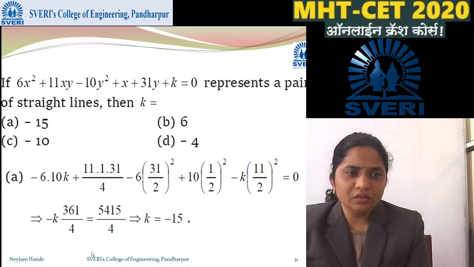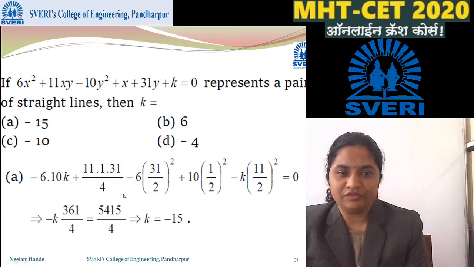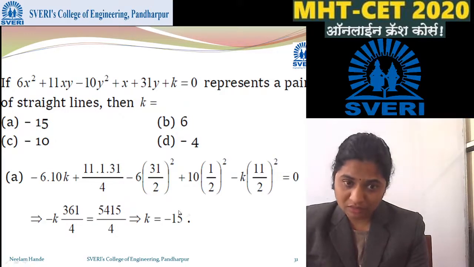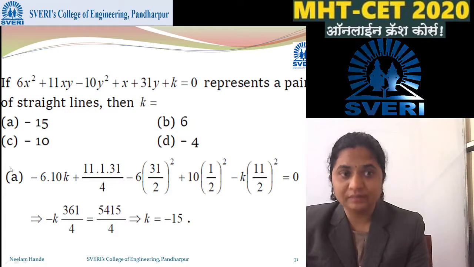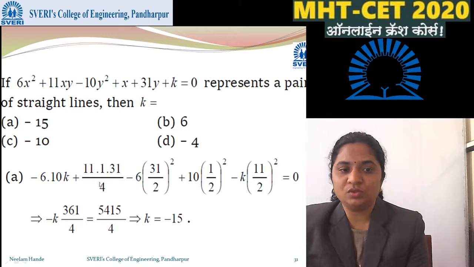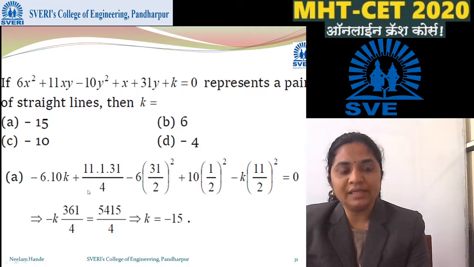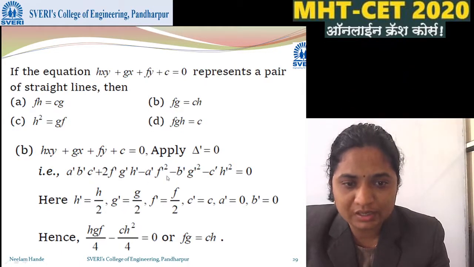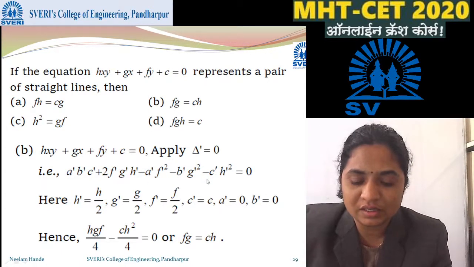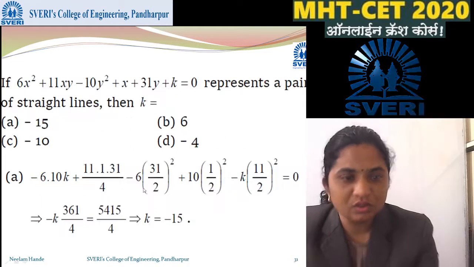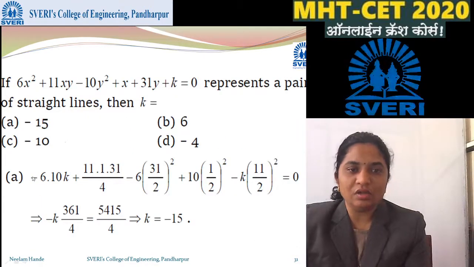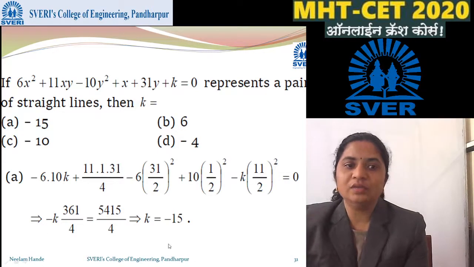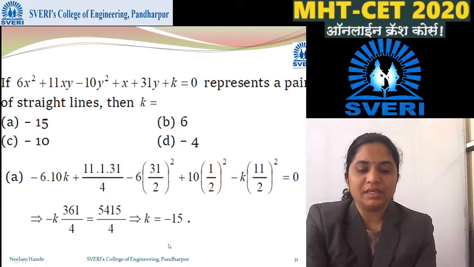Comparing, we will find a, b, c, f, g, h, and put them into the formula. We know the formula: abc plus 2fgh minus af square minus bg square minus ch square is equal to 0. Substituting all the values, solving, we get k is equal to minus 15.